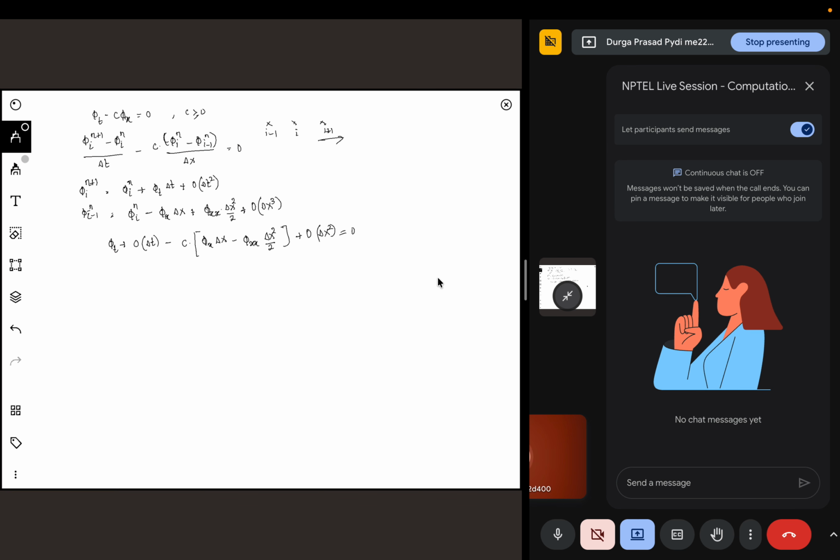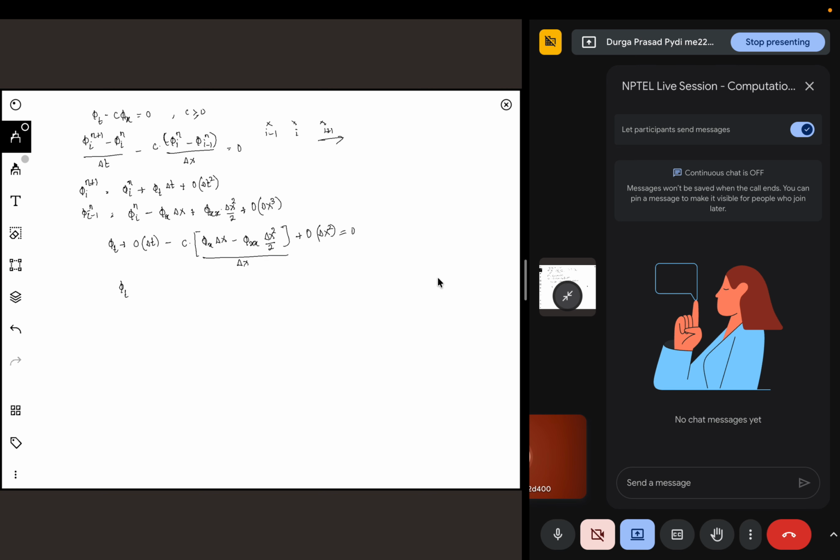So if I were to collect the terms together, I have phi_t minus c times phi_x. I can convert it into a slightly different way. There is a delta x term here.